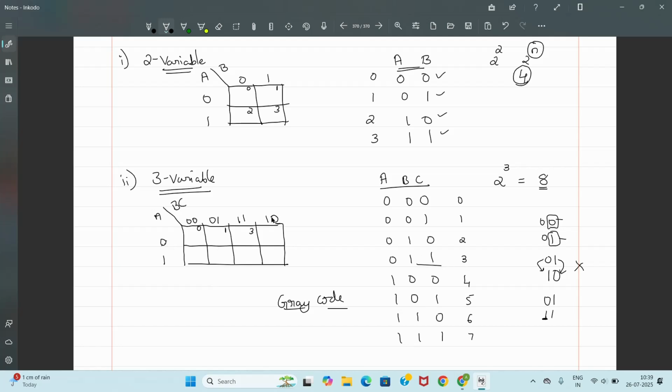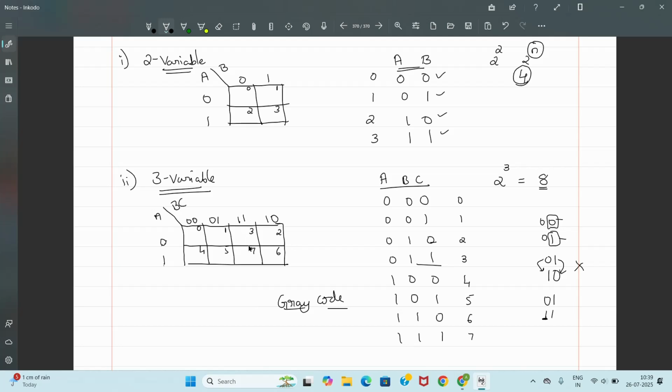Next is 0, 1, 0, which is 2. Similarly for the lower row, the row is 1, columns are 0, 0. So 1, 0, 0 means 4 in decimal. 1, 0, 1 is 5. 1, 1, 1 is 7. 1, 1, 0 will be 6.